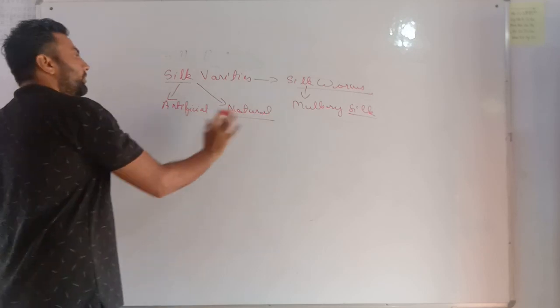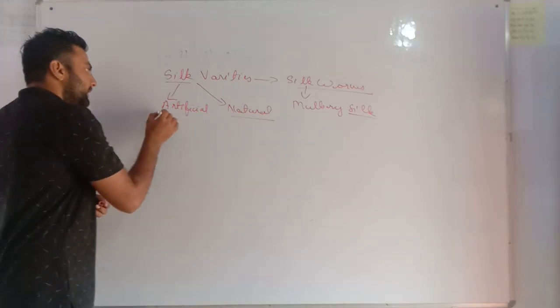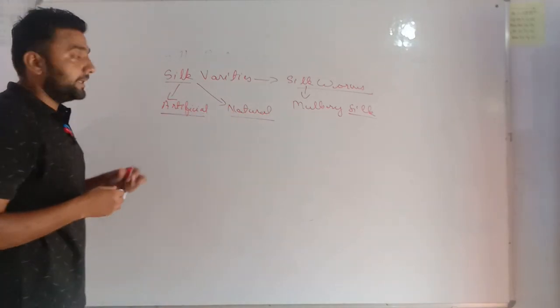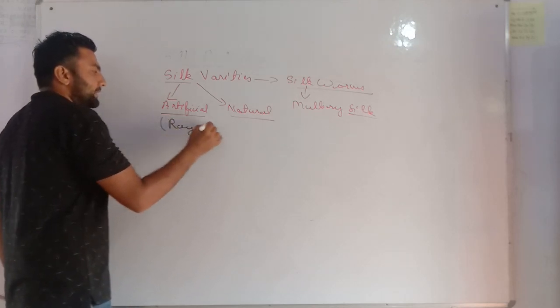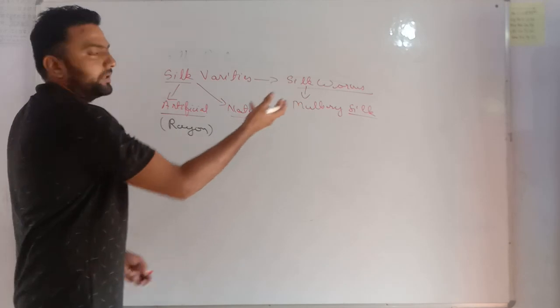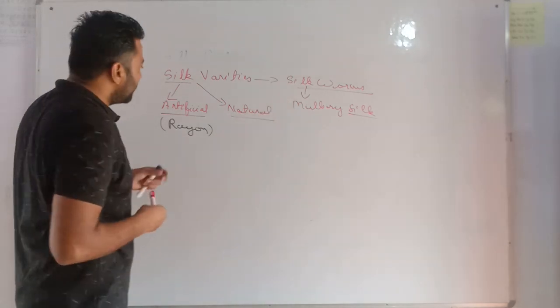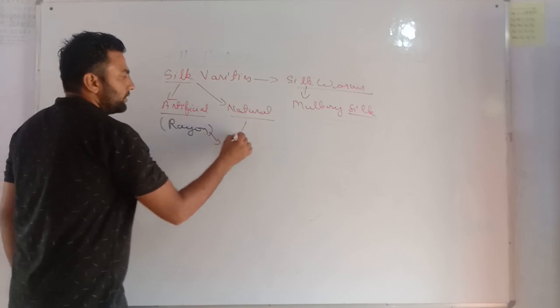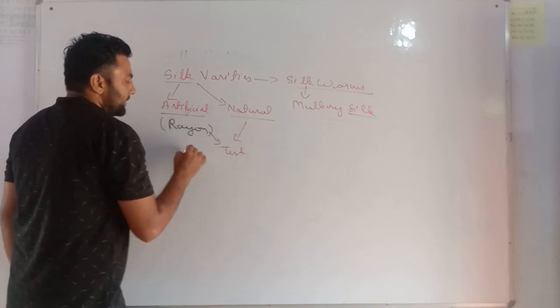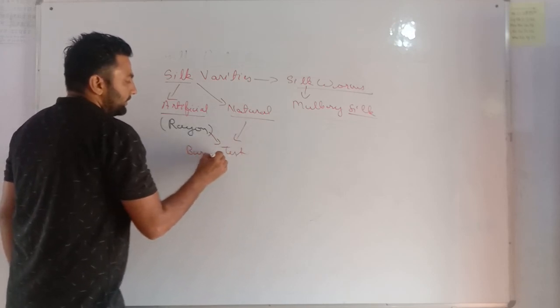Very important, both of them are being used to make saris. Artificial silk is known as rayon. We will be studying about this in 8th standard, and natural silk we get by the silkworm. If you want to test whether any silk is artificial or natural, a burning test can be done.